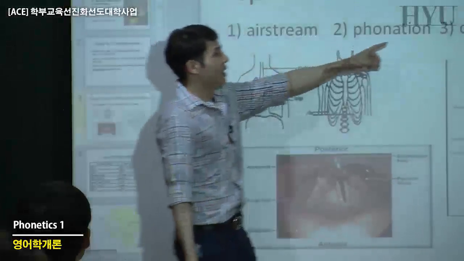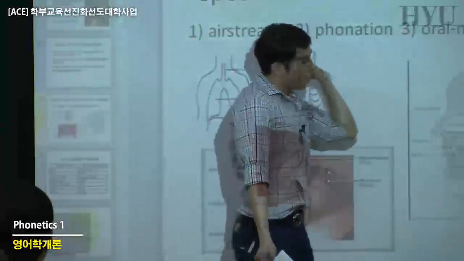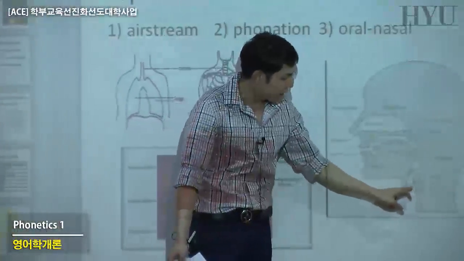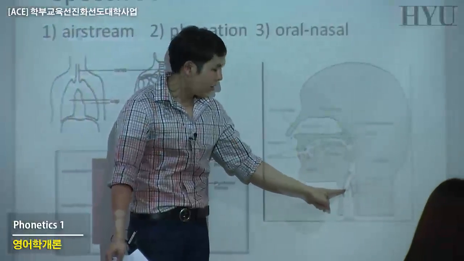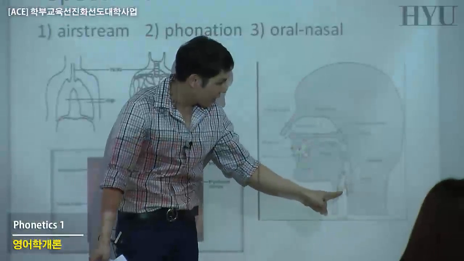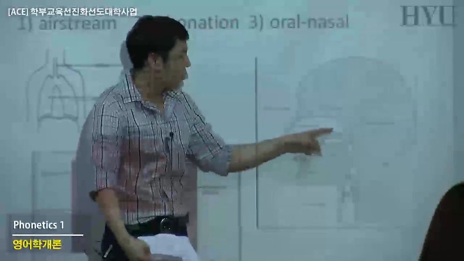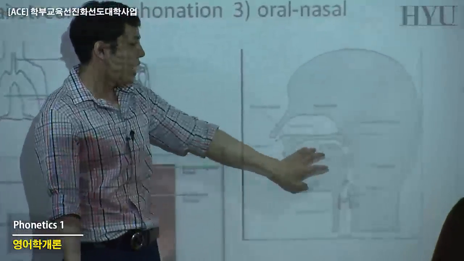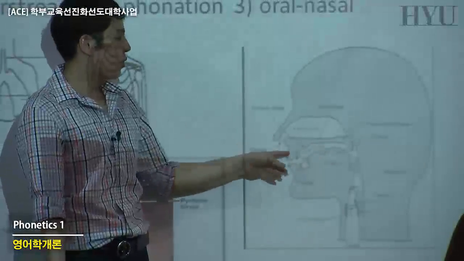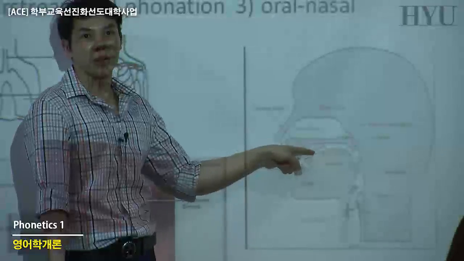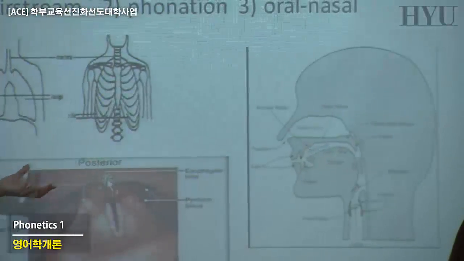And the last step is the oral nasal step, where the air, after it passes through the larynx here, the larynx is here, okay? This is the larynx. So it will be in your mouth or in your nose. And then the shape of your tongue or the shape of other organs in the mouth will shape the sound as well.